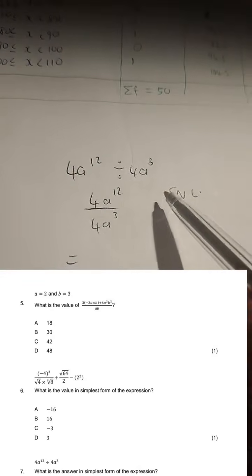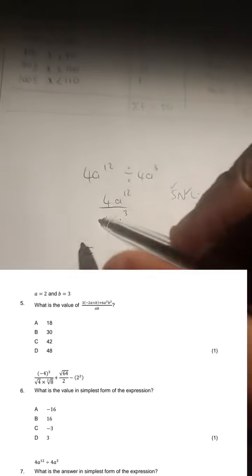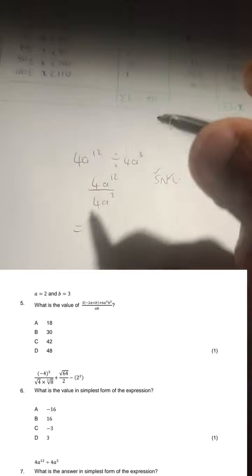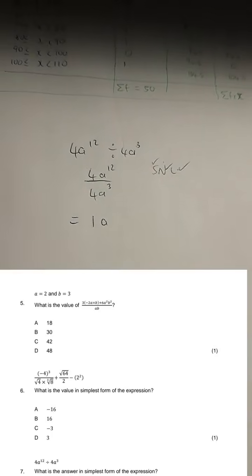Okay, let's not forget that when we divide, the rule is that we divide the signs. Positive divided by positive is a positive sign. 4 divided by 4 is 1. Sorted. Then, when we are dividing same bases, since this is 12, we are starting with it.